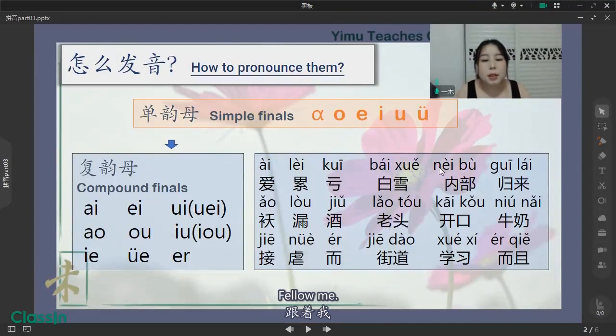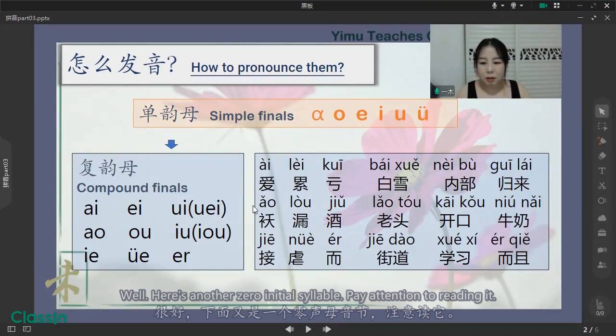Okay, the following pronunciations, let's spell them directly. Follow me. 内, 内部, 归来. Well, here's another zero-initial syllable. Pay attention to read it.